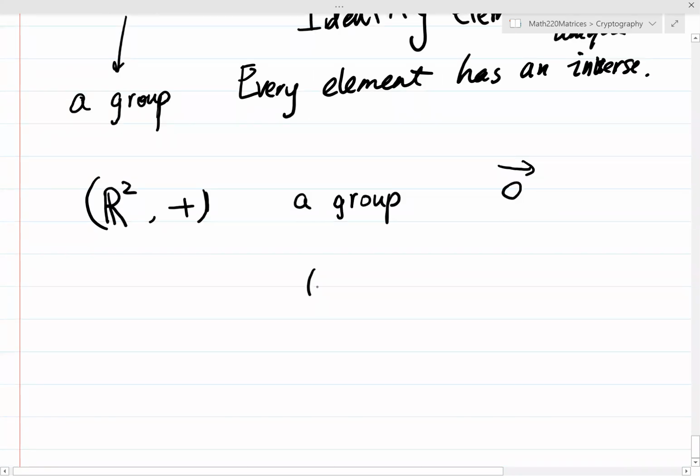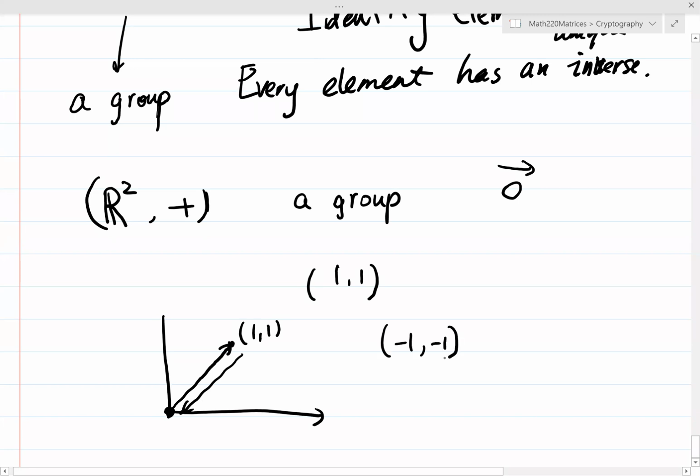Any point you can translate, for instance from 0 to the point (1, 1). You can also translate it back by the negative translation. We also have the associative relation with respect to addition, and inverses. So this is also a group.